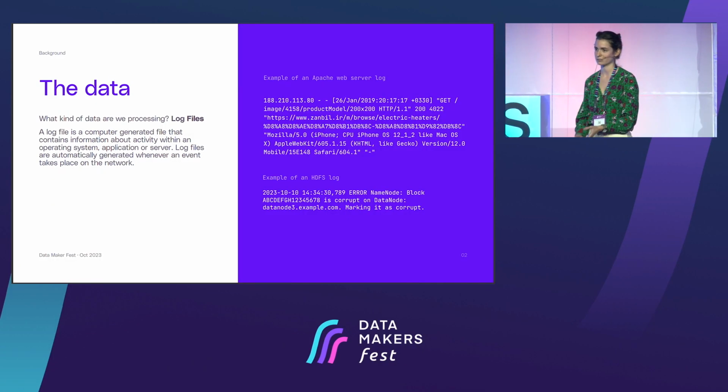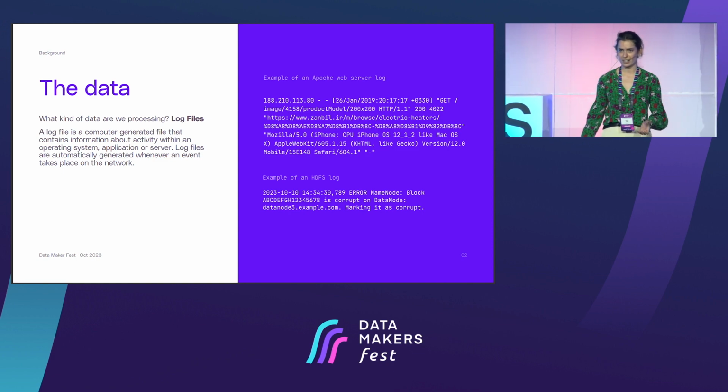So I want to go right into the data we'll be processing. I will be talking in this talk about log files, and it's exactly the data our model is going to input. So some of you may know what log files are.